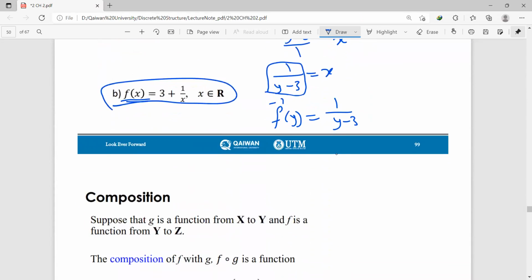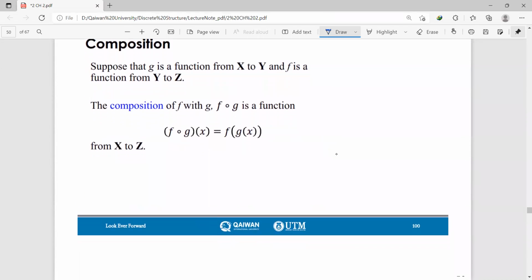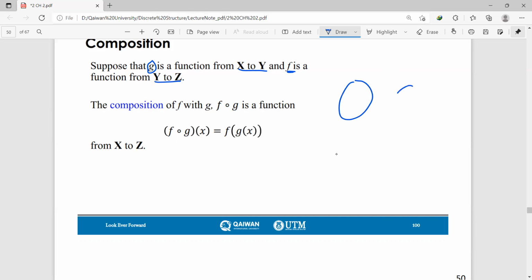So now we have composition of functions. Just suppose g is a function from x to y and f is a function from y to z. You have this x, this y, and this is z.